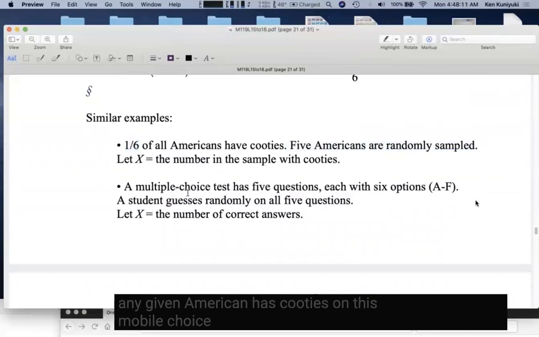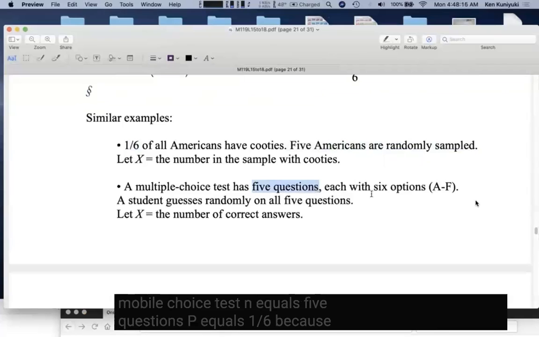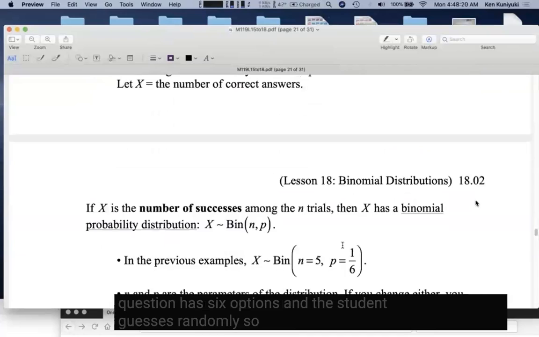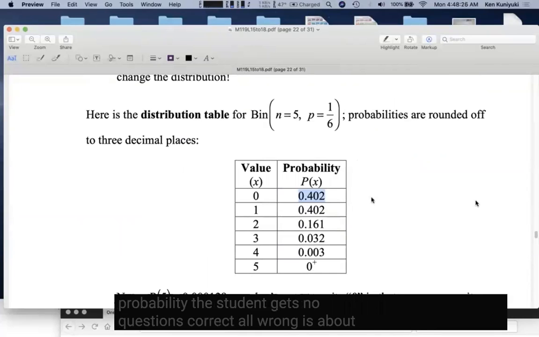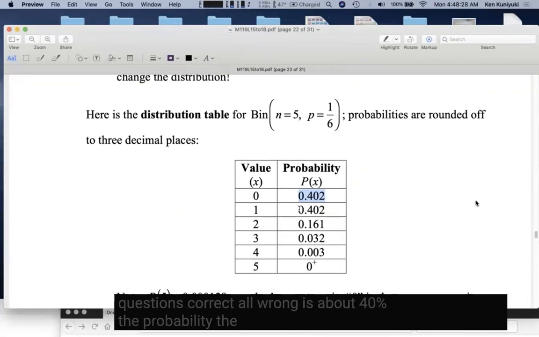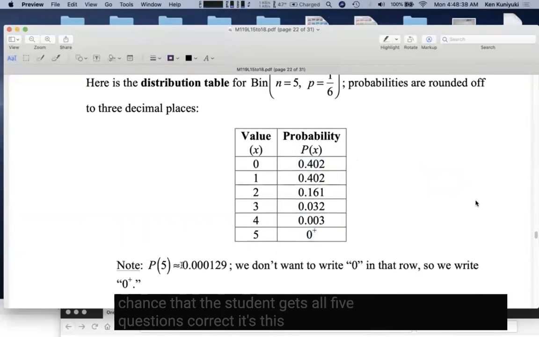On this multiple choice test, N equals 5 questions, P equals 1/6, because each question has 6 options and the student guesses randomly. So for this student, the probability the student gets no questions correct, all wrong, is about 40%. The probability the student gets exactly 1 question correct turns out to be the same, about 40%. And there's almost no chance that the student gets all 5 questions correct. It's this over here.